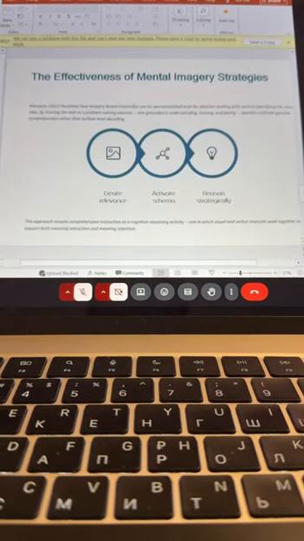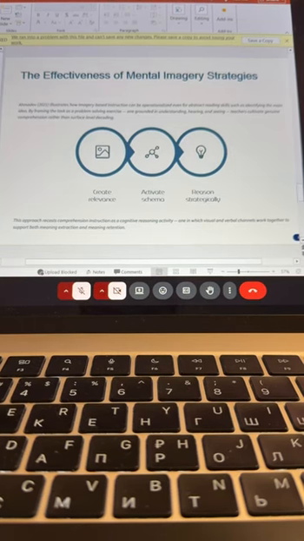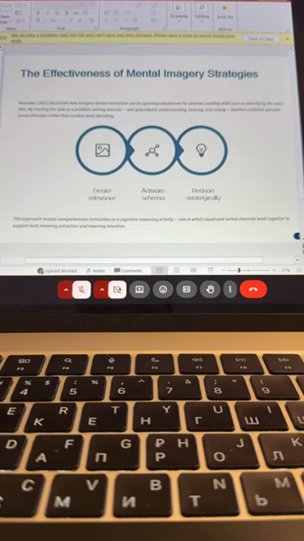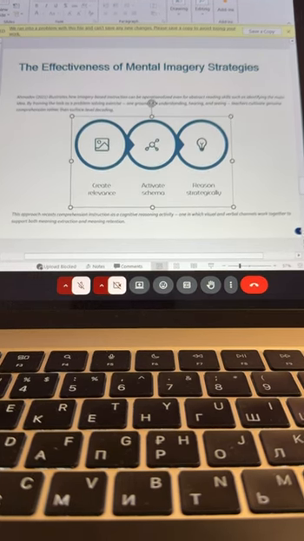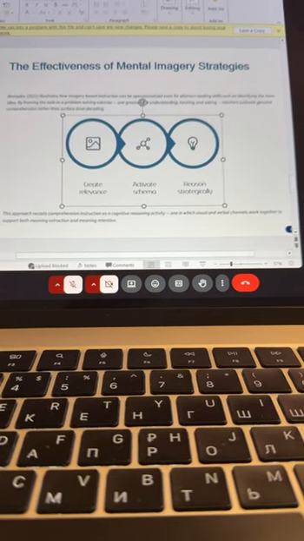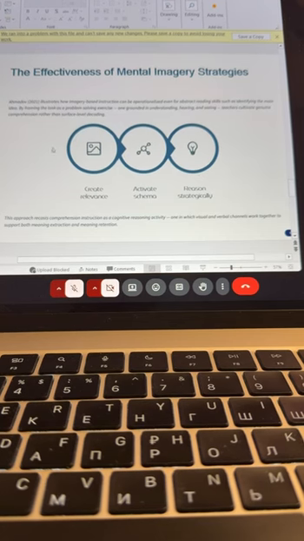And effectiveness of mental imagery strategies. So imagery-based instruction can be operationalized even for abstract reading skills, such as identifying the main idea. Again, here we might ask some questions to our students to try to, let's say, guess the main idea through skimming or scanning.